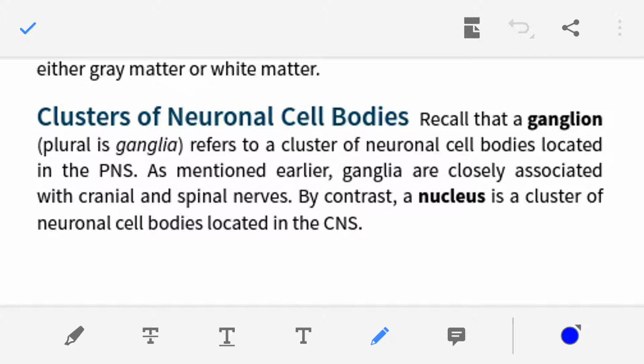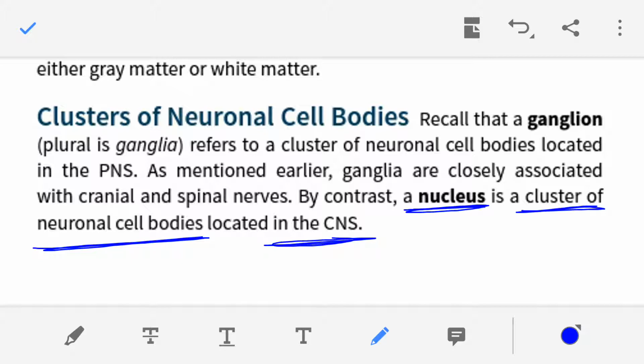In contrast to the ganglia, a nucleus is a cluster of neuronal cell bodies located in the CNS.